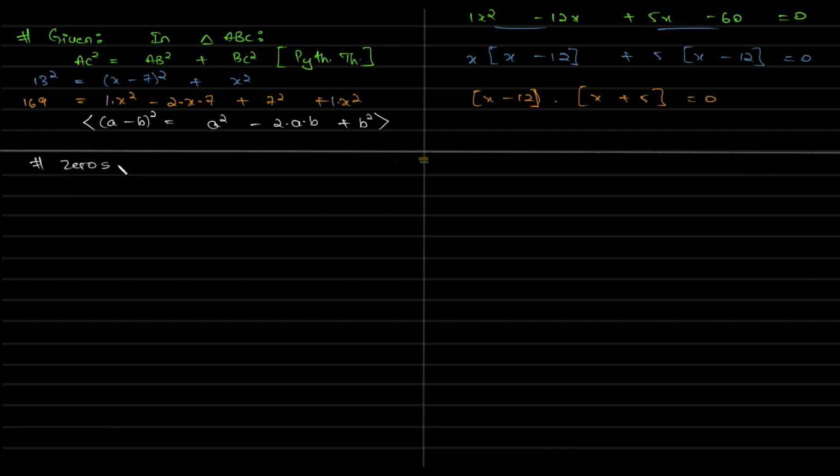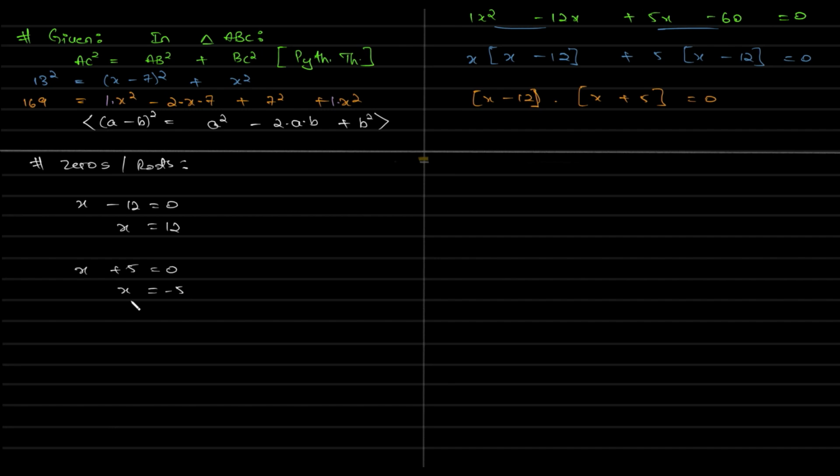So the zeros, or the roots in this case, are: x minus 12 is equal to 0, so x is equal to 12. And we have x plus 5 is equal to 0, so x is equal to minus 5.